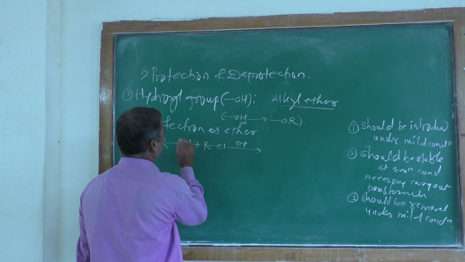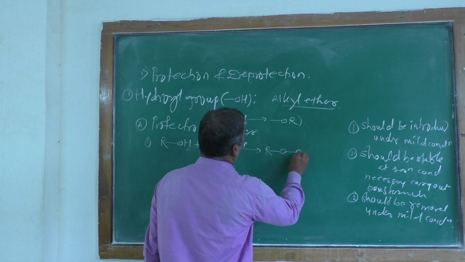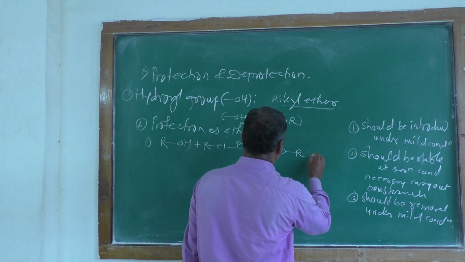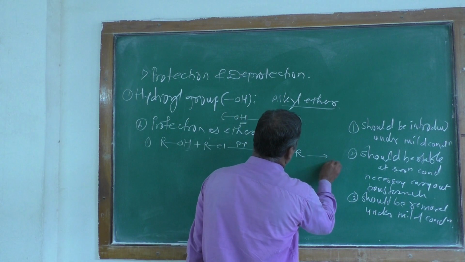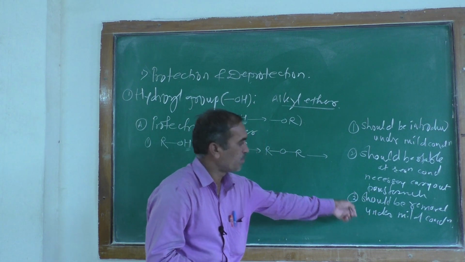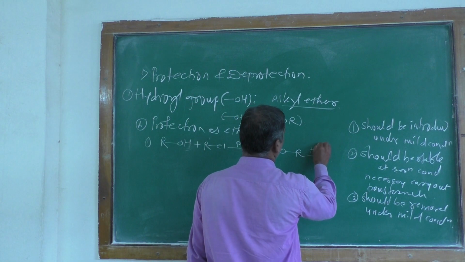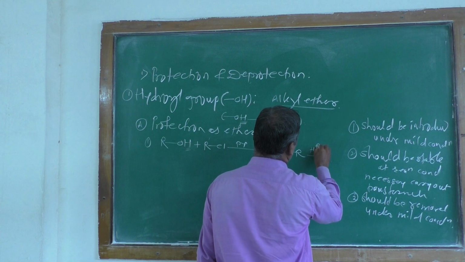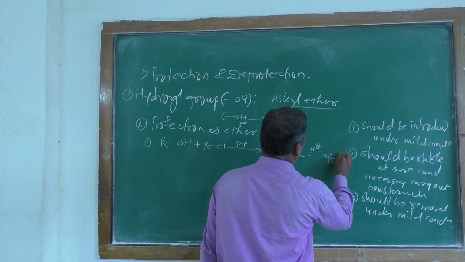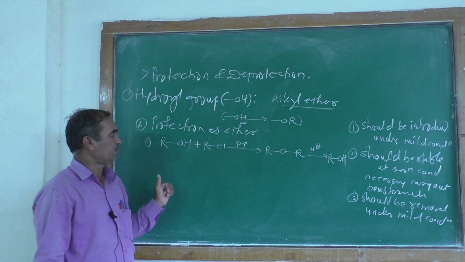This hydrogen atom gets replaced, giving OR', and then in a further step it should be removed under mild conditions. If you use a mild acidic condition, you are going to get the final product, an alcohol.